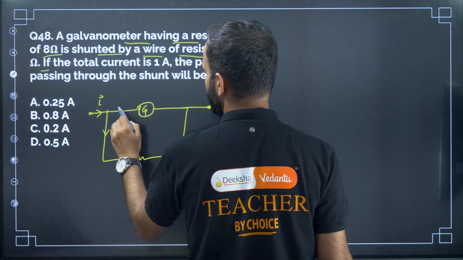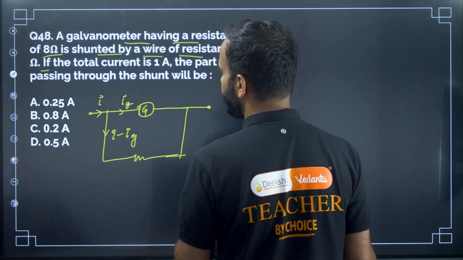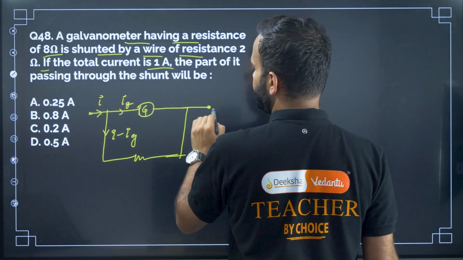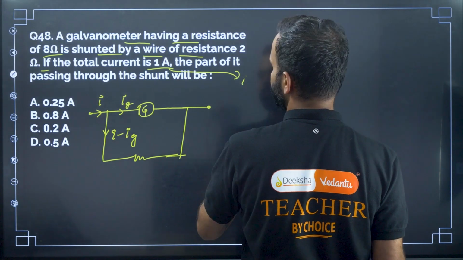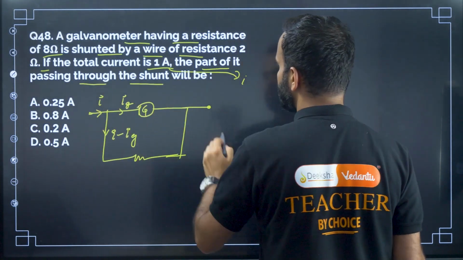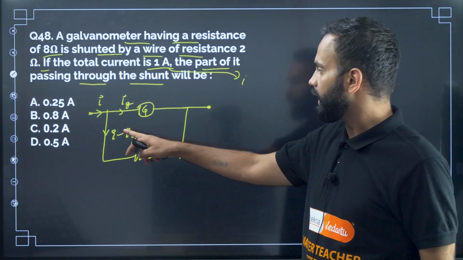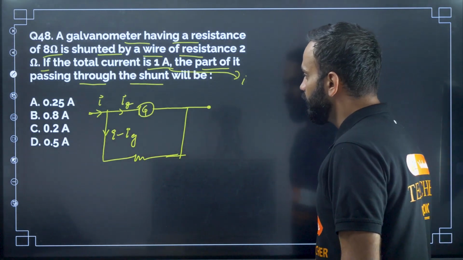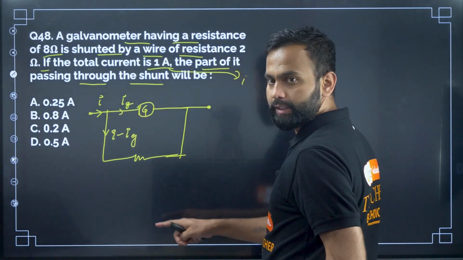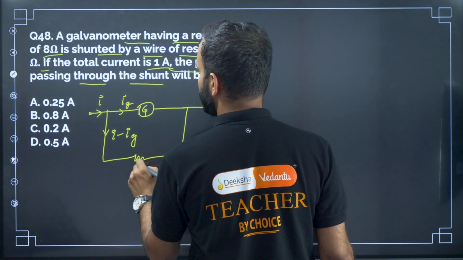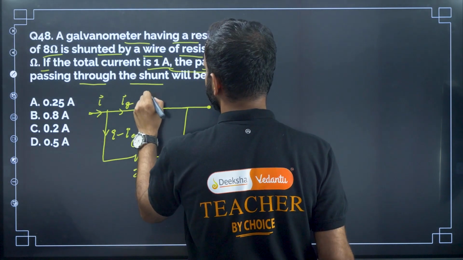What is Ig? Current flowing through the galvanometer. If the total current is 1 ampere, that is I equal to 1 ampere. The part of it passing through the shunt, that is we need to find I minus Ig, right? So here the potential difference across G is same as potential difference across shunt resistance, that is 2 ohm. Here 2 ohm and 8 ohm.